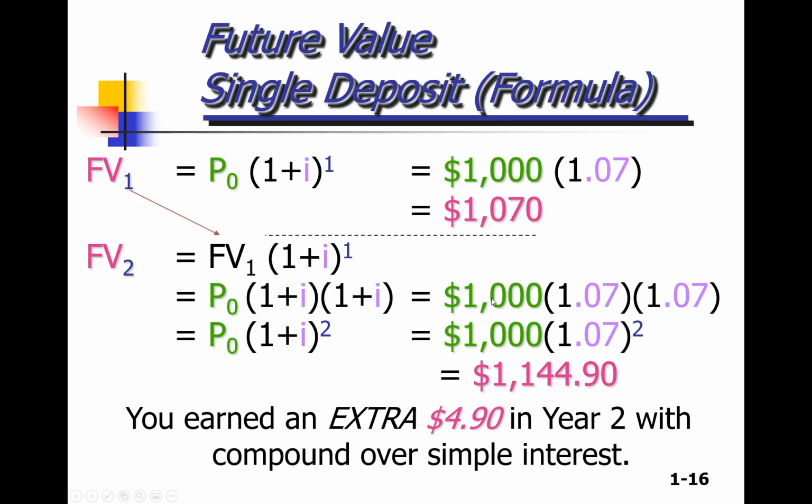But in compounding interest, we are earning $4.90 extra. This shows the compounding, because we have received interest on interest.